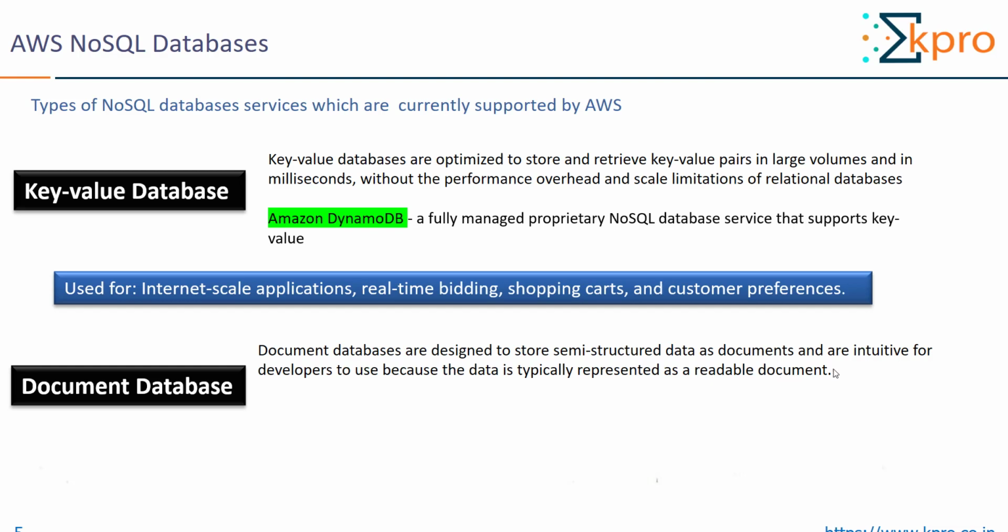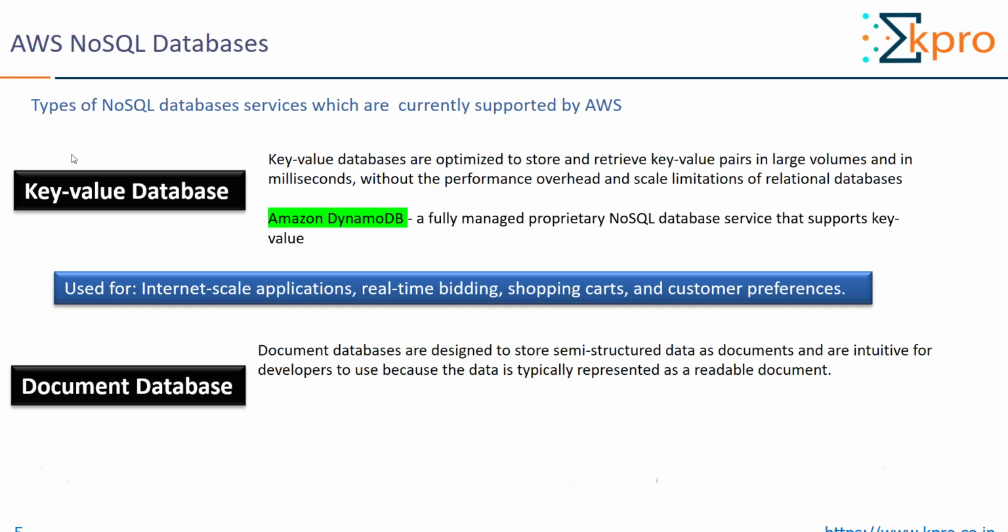Like a document you write in Microsoft Word, you write something and save it. That is a document. That is not structured, but not unstructured either. That is semi-structured. Very similar to MongoDB, which is a document DB. It's a NoSQL DB.